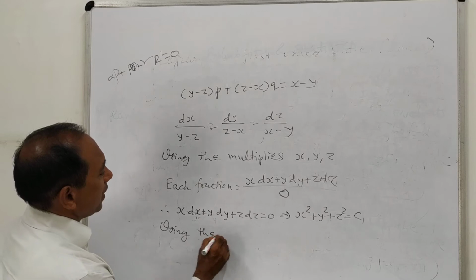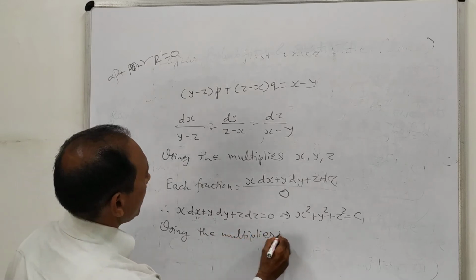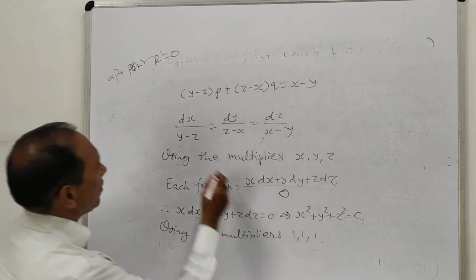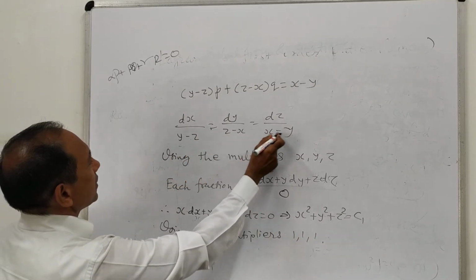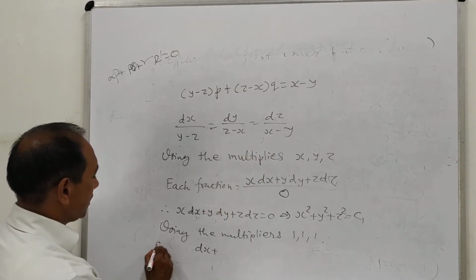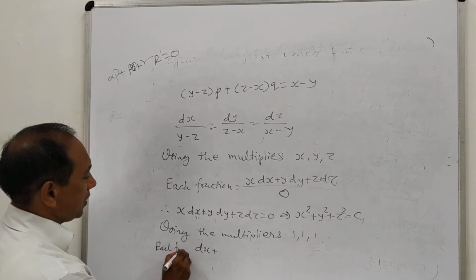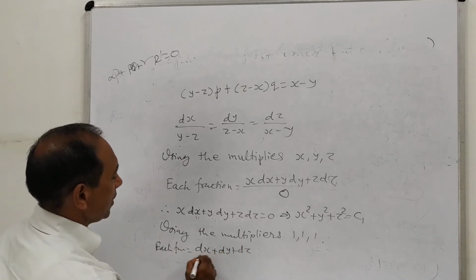Then another set of multipliers: using the multipliers 1, 1, 1, because I know very well that direct addition will also become 0. y minus z plus z minus x plus x minus y. That means each fraction equals dx plus dy plus dz divided by 0.